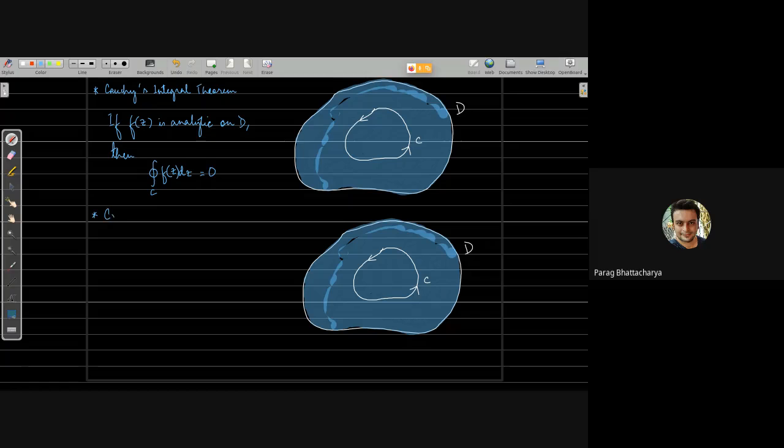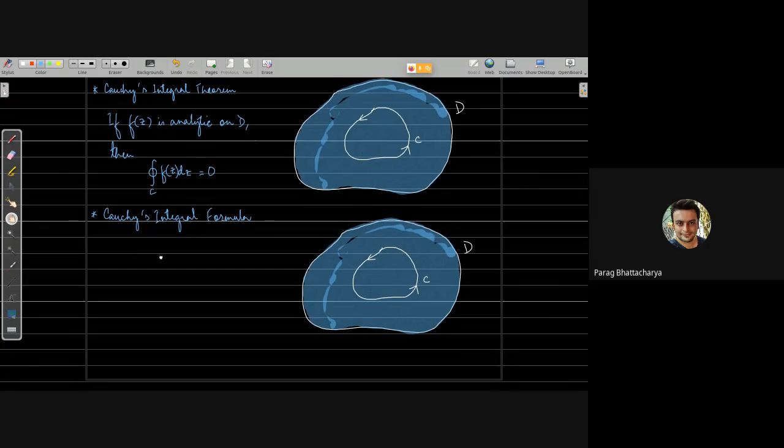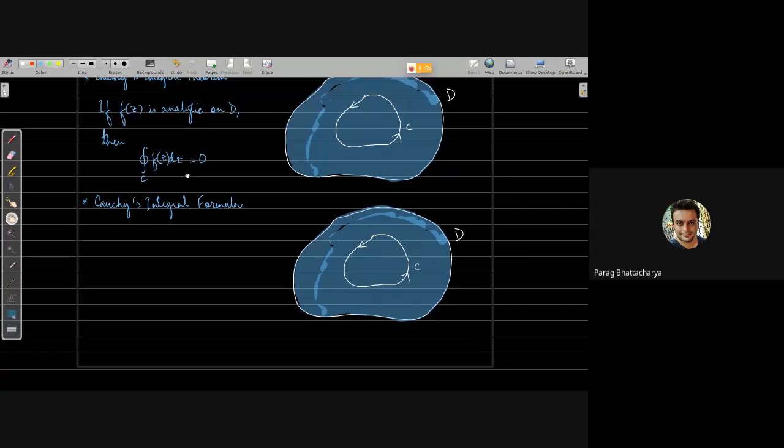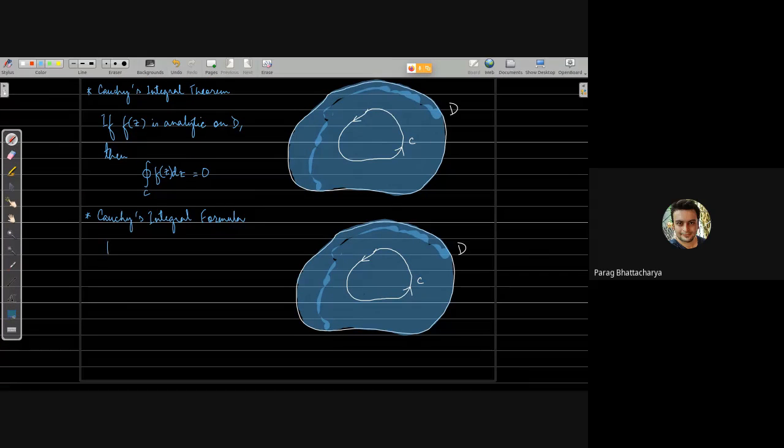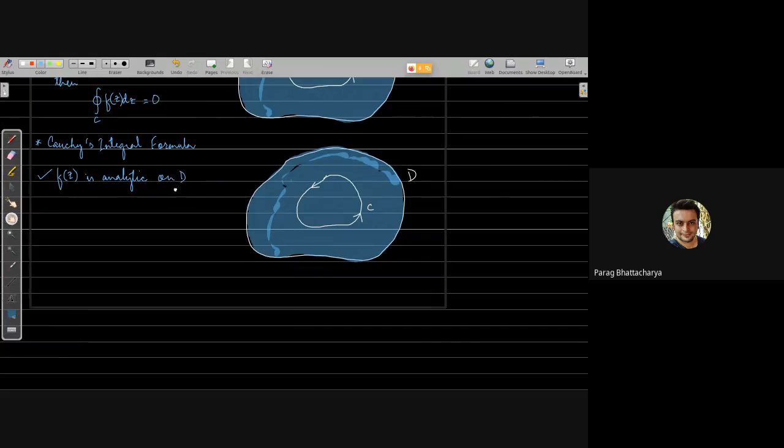Let's look at the Cauchy's integral formula, because this could be a source of confusion: Cauchy integral theorem and Cauchy integral formula. What the Cauchy's integral formula says is this. The same condition holds good: f of z is analytic on D. That we already know.